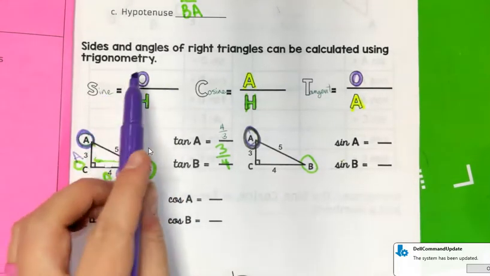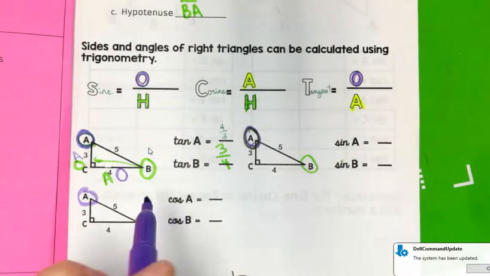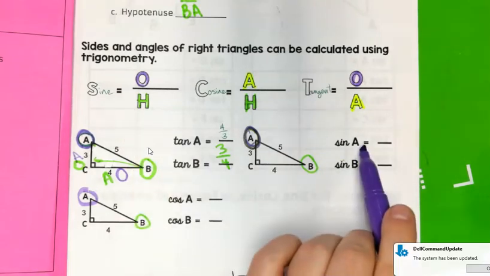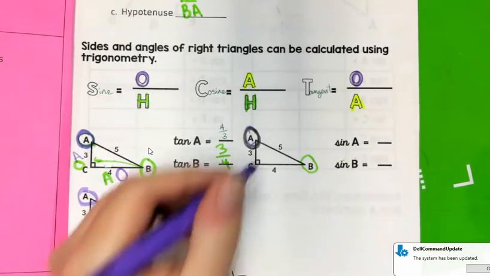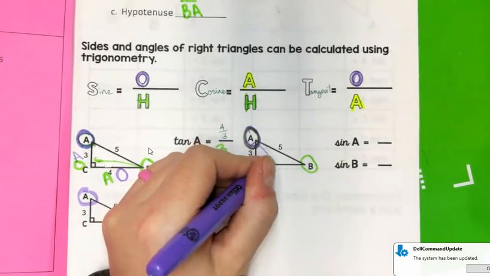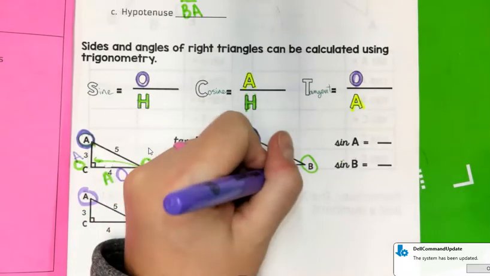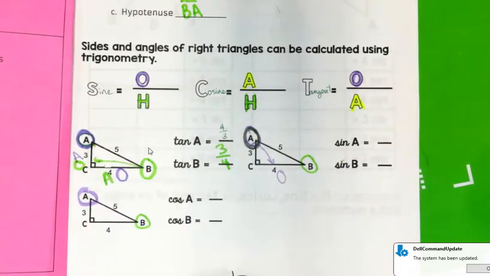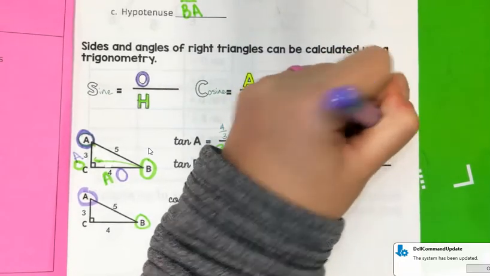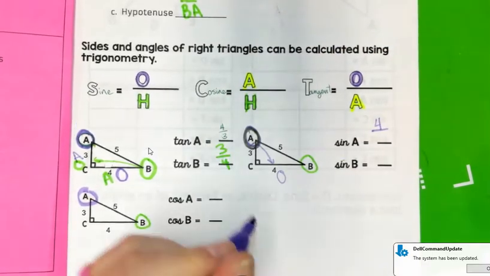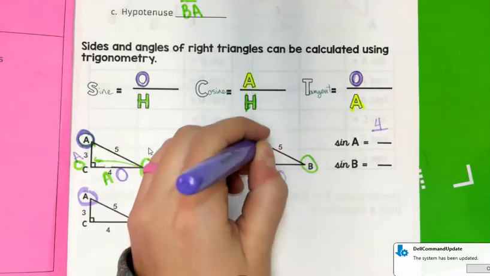So our sine is opposite over hypotenuse of A. We're starting with A, and we want to figure out which one is opposite of A. So if I point from A across the triangle, I get to the opposite of A. Great. So we're going to put 4 on top. And then I want the hypotenuse of the triangle.